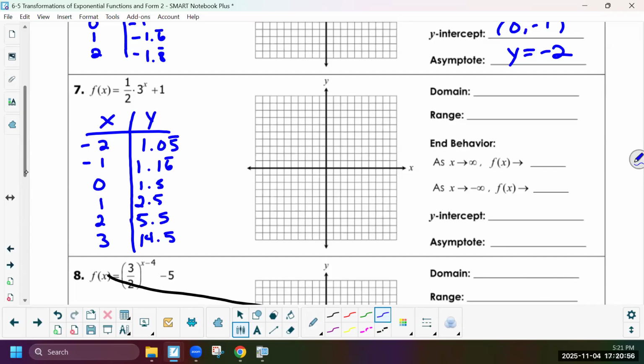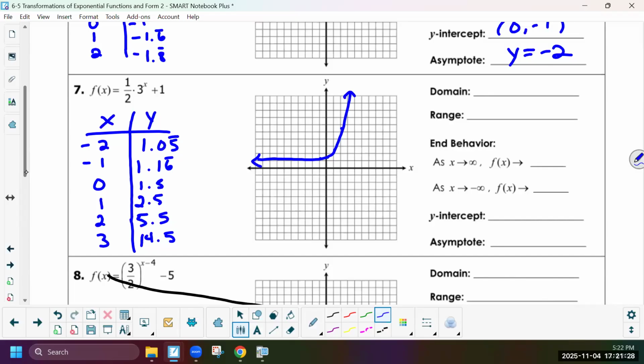As far as my graph goes, there's only a few that I can really graph. I can graph -1, 1.6. That's a little bit more than 1. Then we have our y-intercept at 1.5. And then it goes a little bit more than that. For 1, it goes to 2.5. 2 goes to 5.5. And then the rest is all too much. So we're going to have something like that.